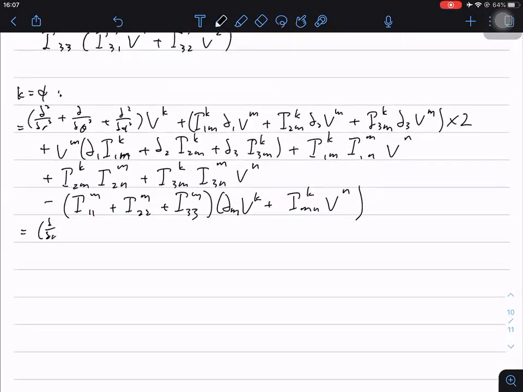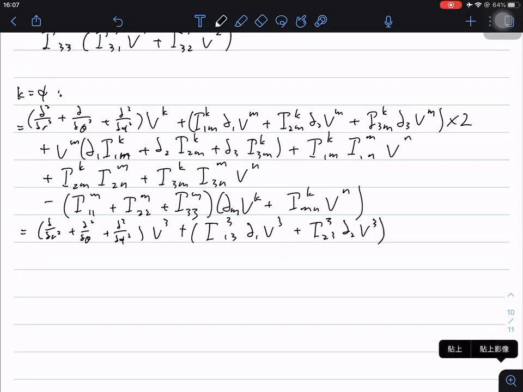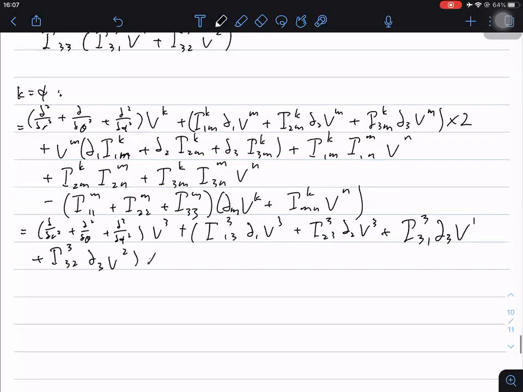Okay, again, for the final one, we have V3 here, 3 1 3 is non-zero, 3 2 3 is also non-zero, and 3 3, both 3 1 and 3 2 are non-zero, so we have two extra terms here, multiplied by 2.